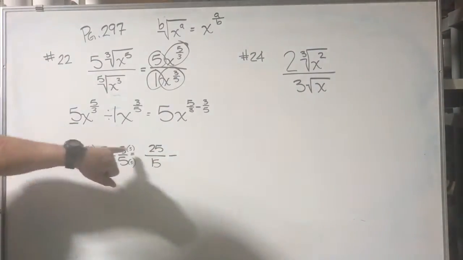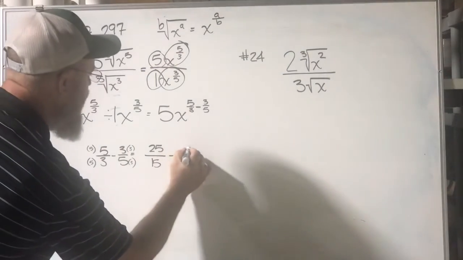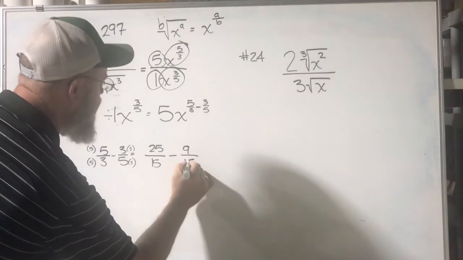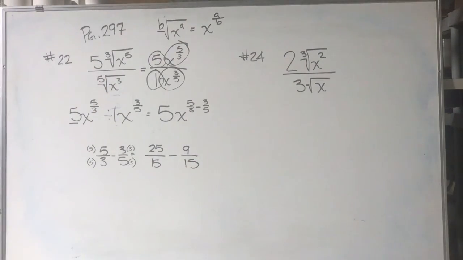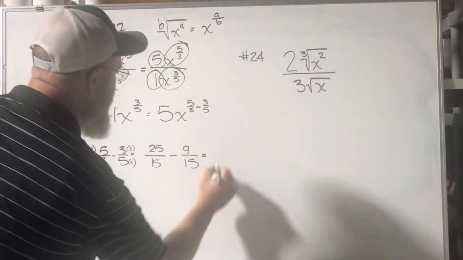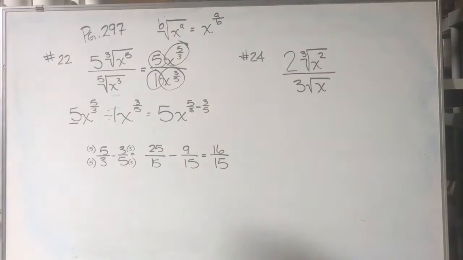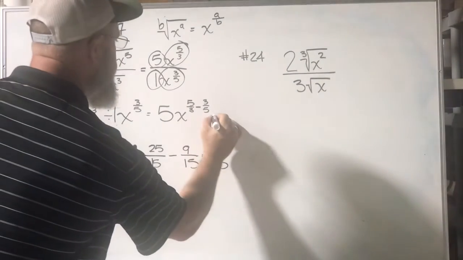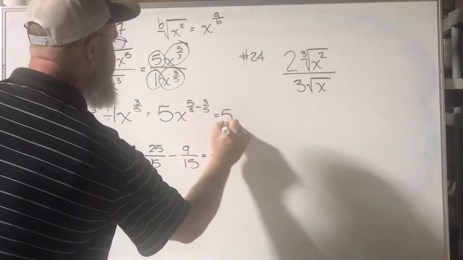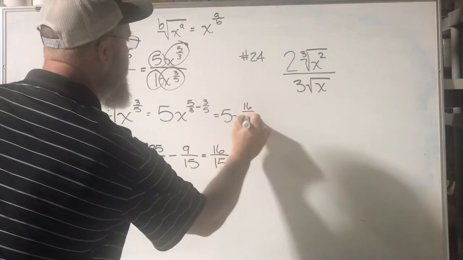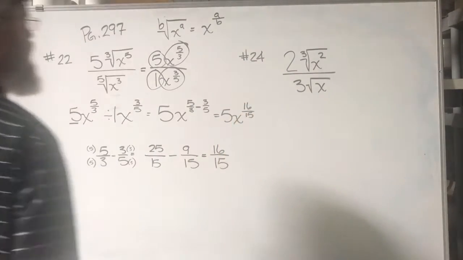Minus 3 times 3 is 9 over 3 times 5 is 15. So I have a common denominator. So 25 minus 9 is 16 over 15. So this equals 5 times x to the 16 over 15.